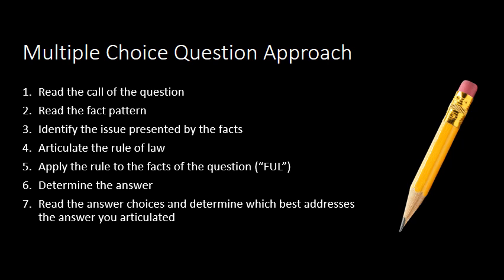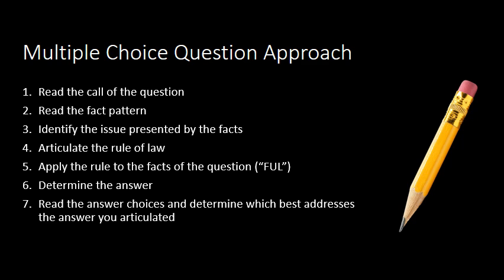I think this last step is really important, and it makes a big difference in analytical or bar type questions. Oftentimes, students will say to me, I can narrow it down to two, but then I have a hard time deciding. Or often they will think that they all seem right. They are written this way. We write them this way because we're testing particular things with these answer choices.